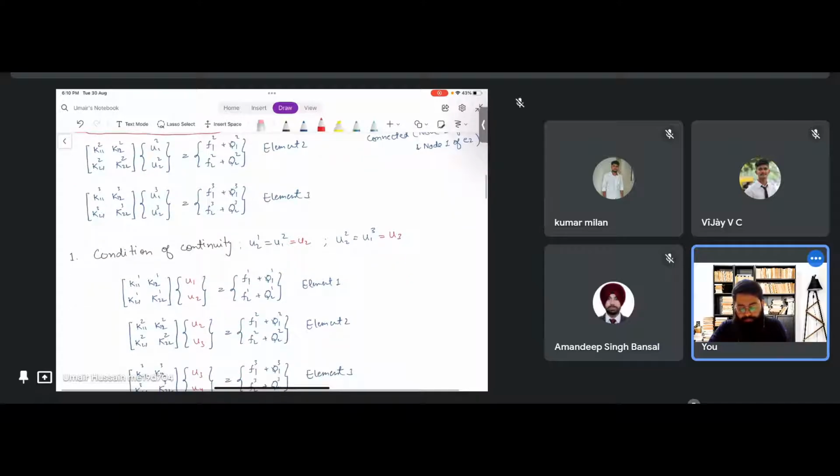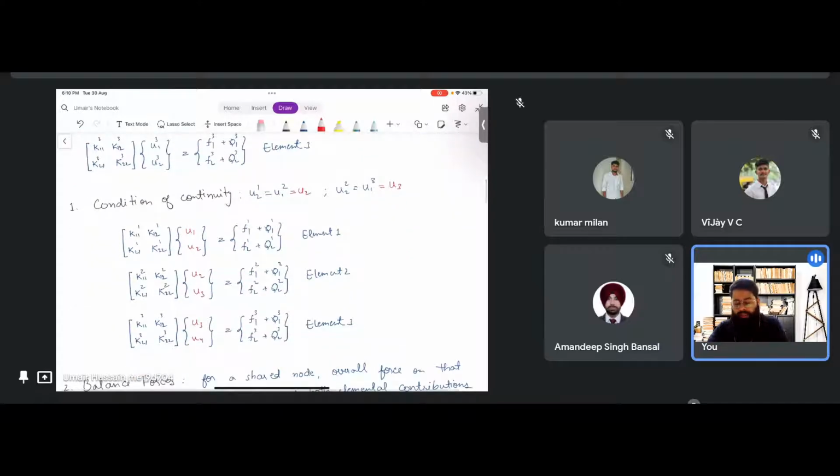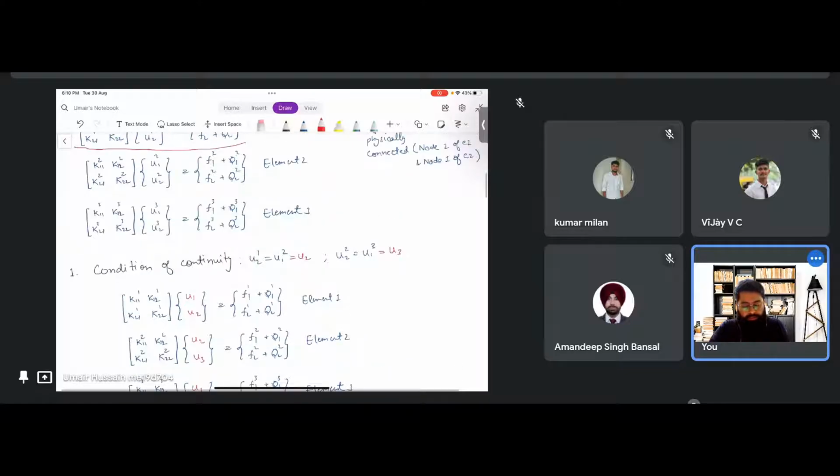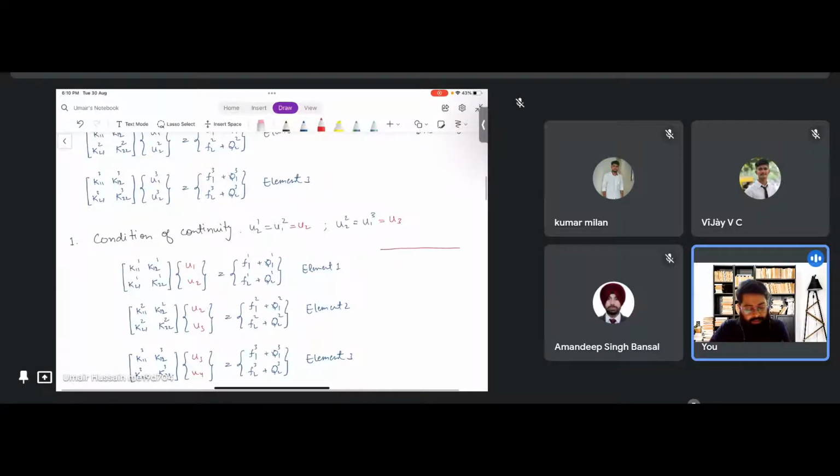The first condition is the condition of continuity. If we have this domain here, and suppose this node 2 here is shared by two elements. Elementally this is 1 and 2, and for element 2 also is 1.